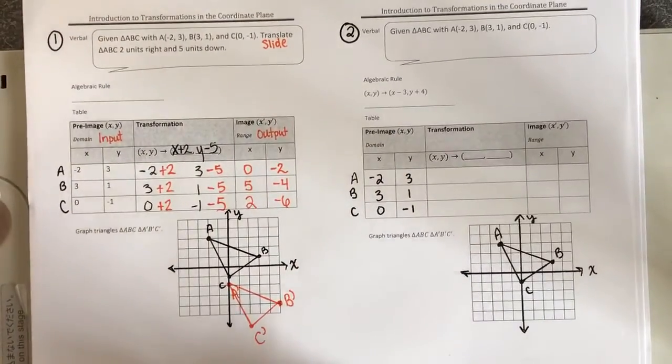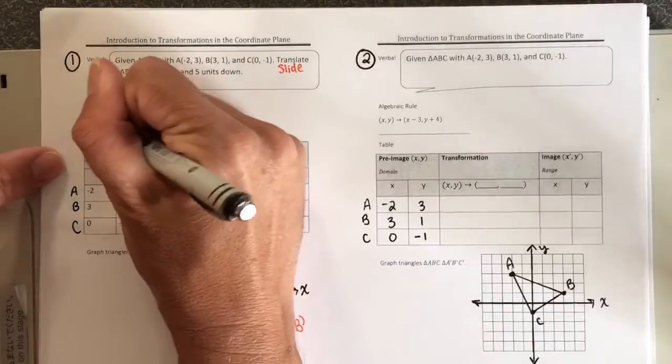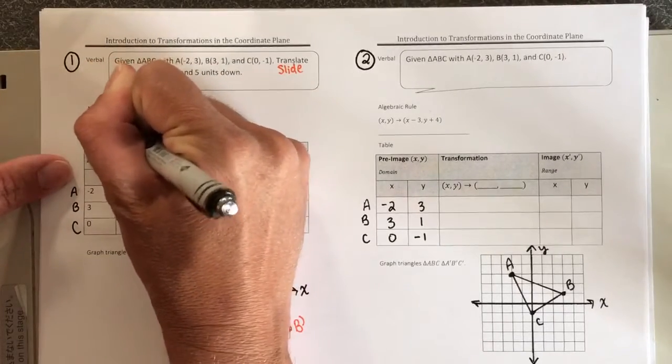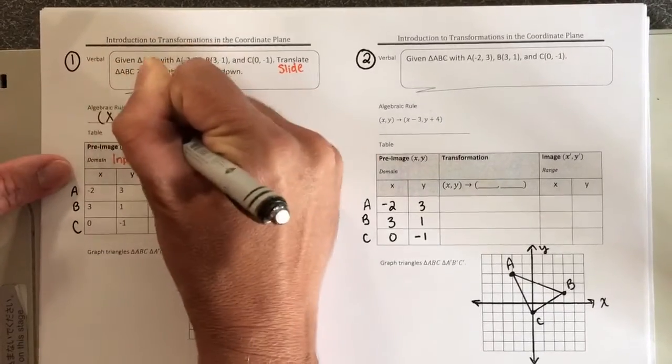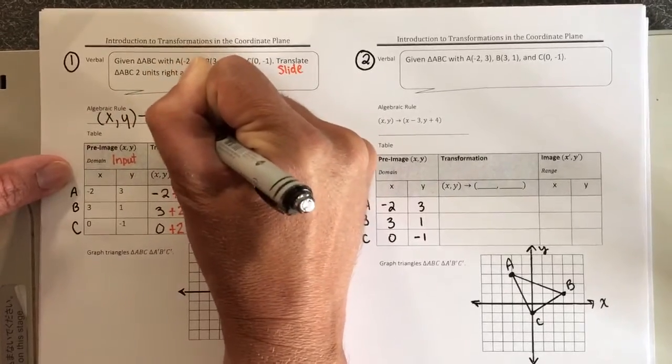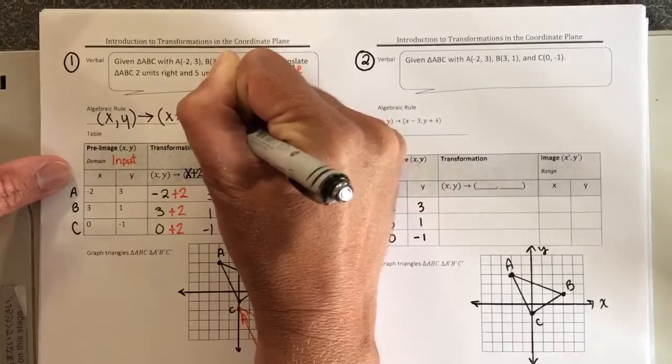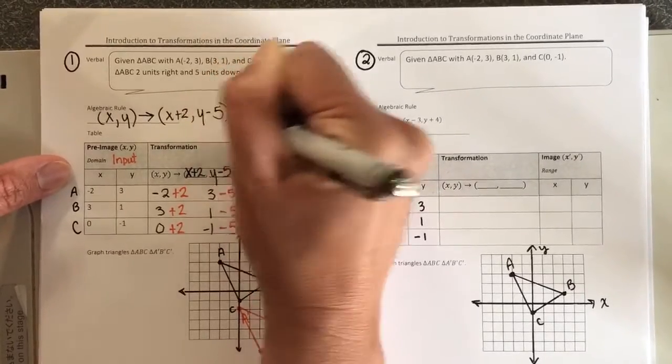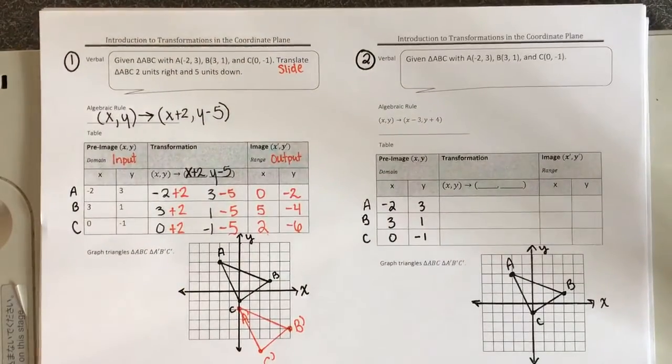So how do I write that formally? So the original, which is always going to be x, y, becomes now x plus 2 and y minus 5. Okay, so now you try number 2 and see how you do.